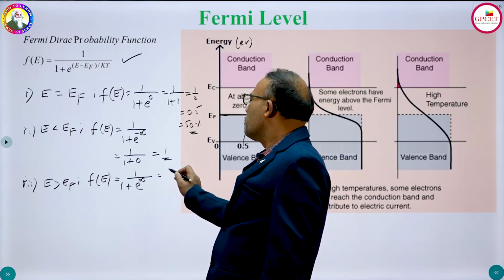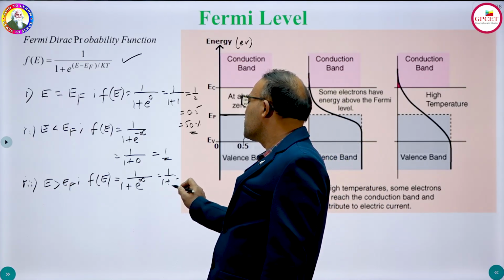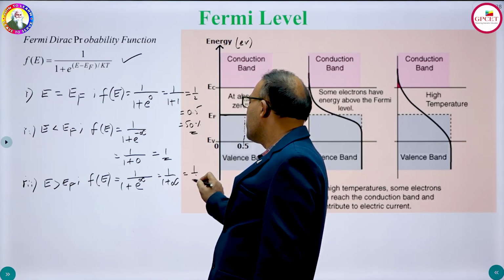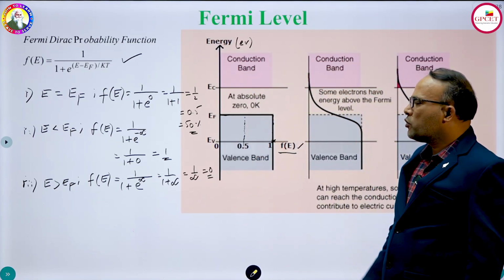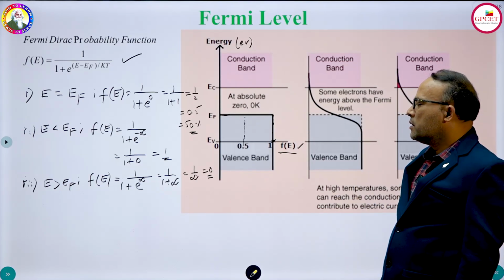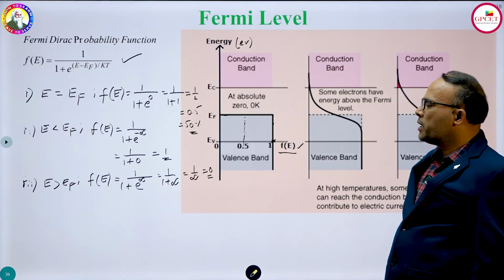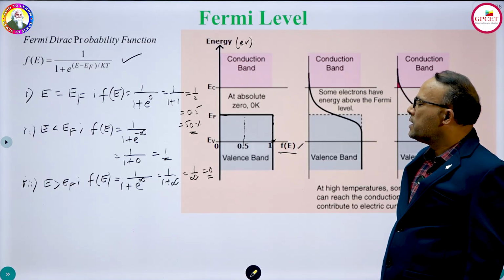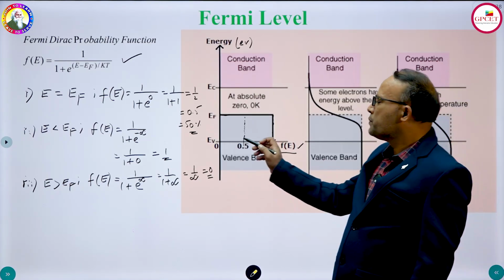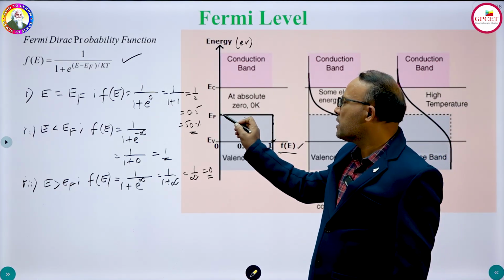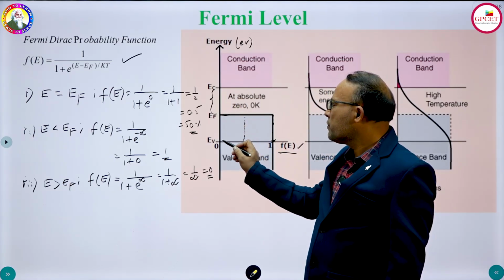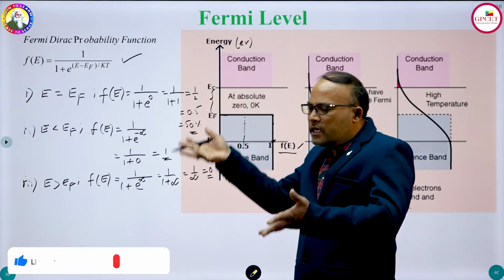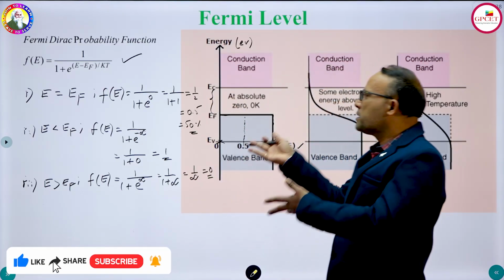That is equal to 1 by 1 plus e power infinity, which is infinity, that is 1 by infinity, which is 0. So that means the probability of occupying an electron while it is jumping from the valence band to the conduction band is 0. So if E is greater than Ef, the probability of occupying is 0, because it has already been occupied in the energy state and is present in the conduction band.